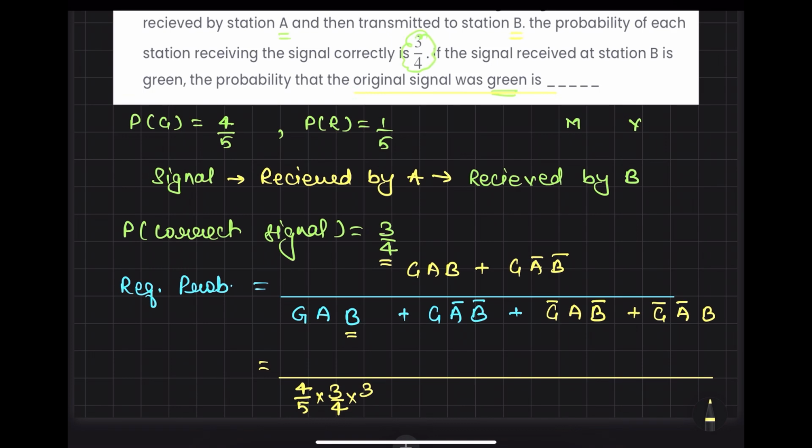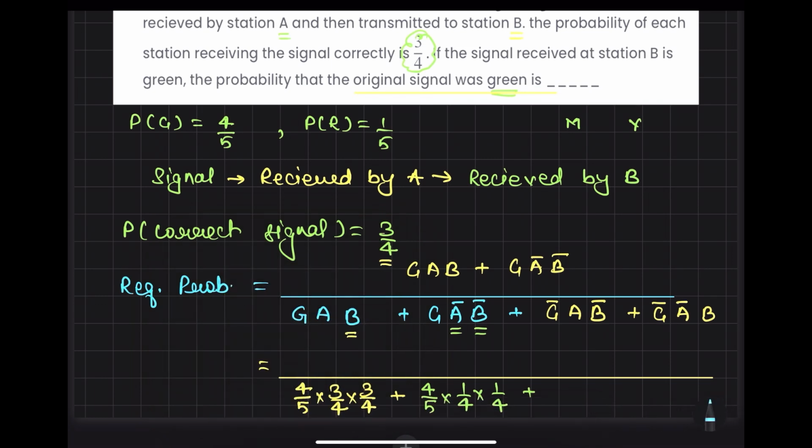Receiving correct signal is what? 3 by 4. Done? Now, next case. Green. So probability of green is what? 4 by 5. This is wrong signal. So correct signal is 3 by 4, so wrong signal is 1 by 4. This is also wrong signal received by B, means 1 by 4.